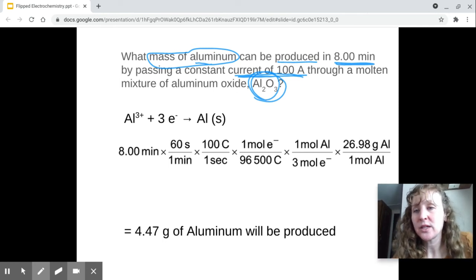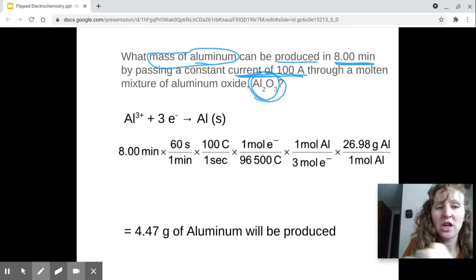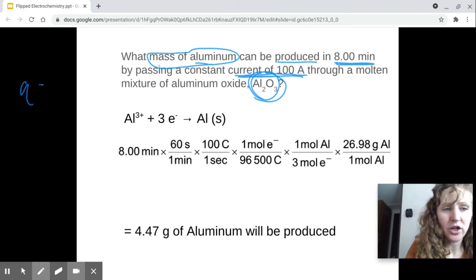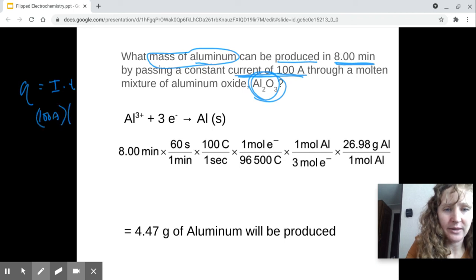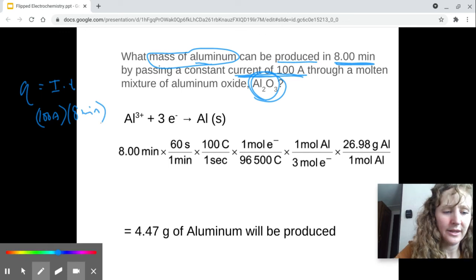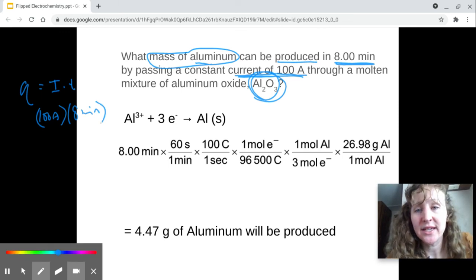We're going to start with the formula that you saw on the other page, where charge is equal to our current times our time. So we take 100 amps times 8 minutes, and we get out an amp minute, right?